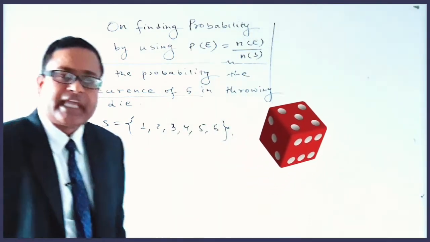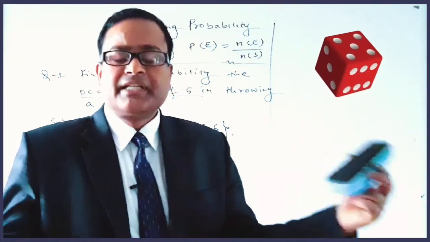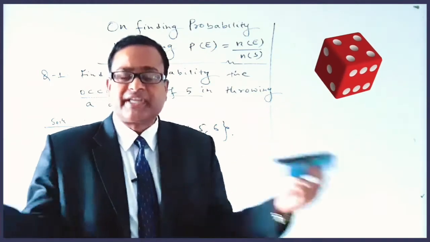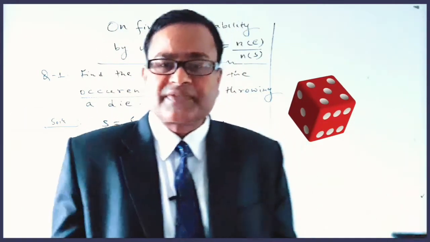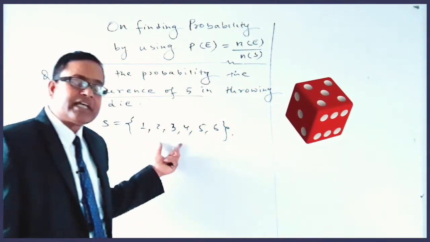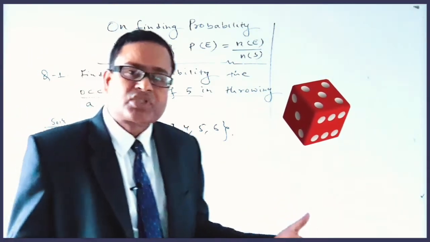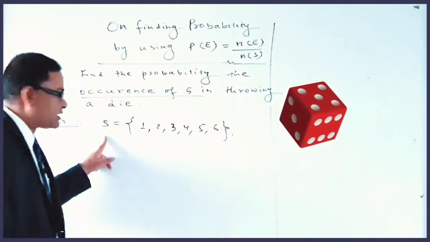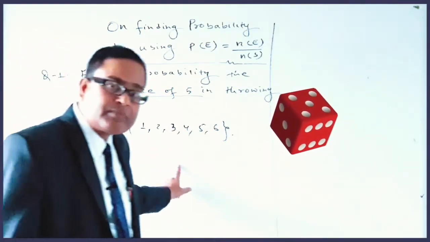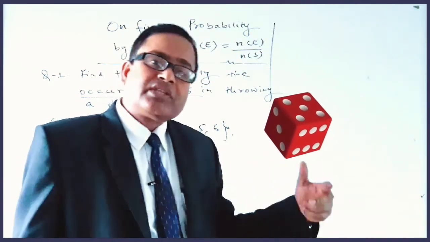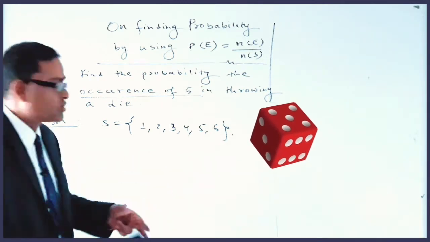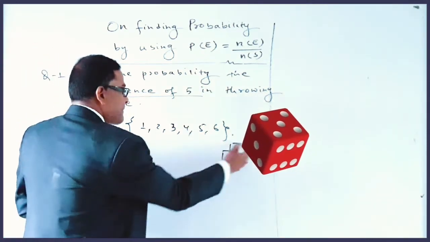When a die is thrown, any one of the numbers may appear, so there are 6 possible outcomes: face 1 or face 2 or face 3 or face 4 or face 5 or face 6. So altogether, there are 6 possible outcomes. So we can say that the sample space S is the set of all the numbers 1, 2, 3, 4, 5 and 6. Therefore, the sample space S is equal to {1, 2, 3, 4, 5, 6}.